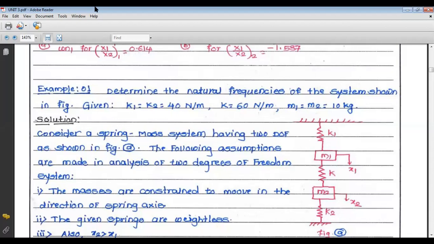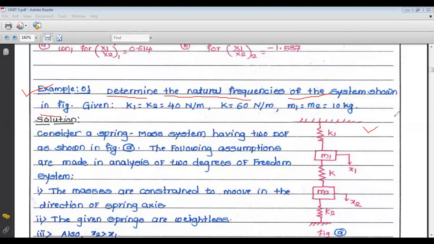So we have started with our first example or first problem. Our first problem is like this: determine the natural frequencies of the system as shown in the figure.